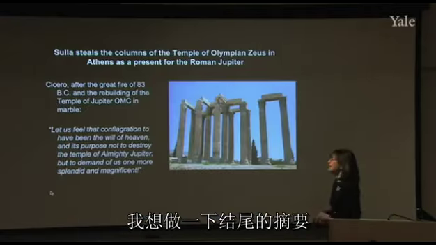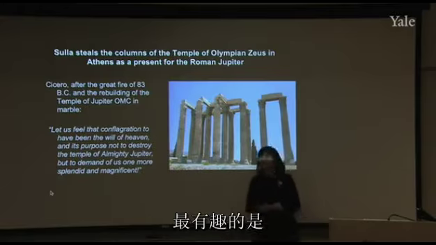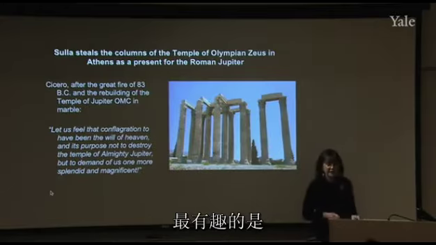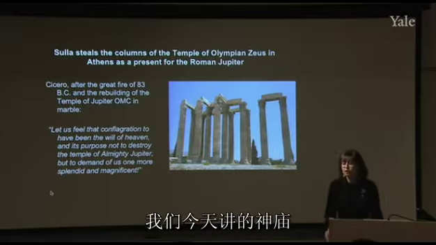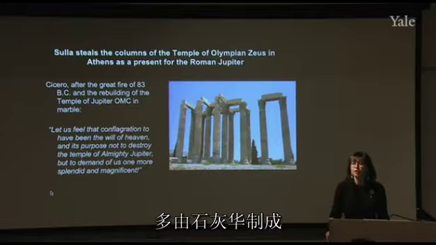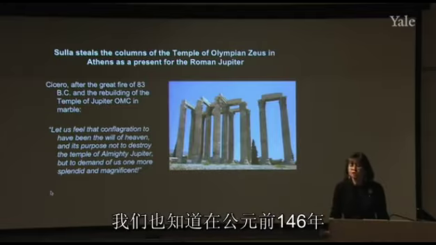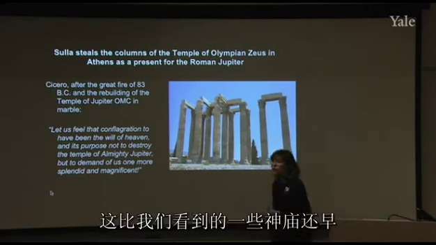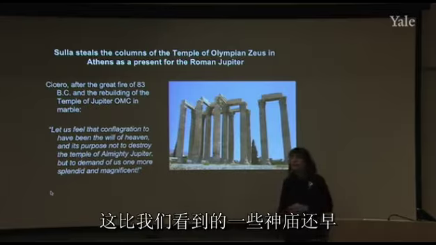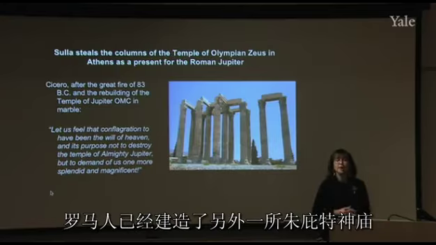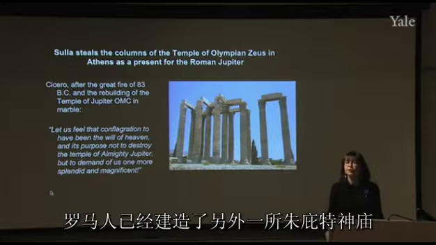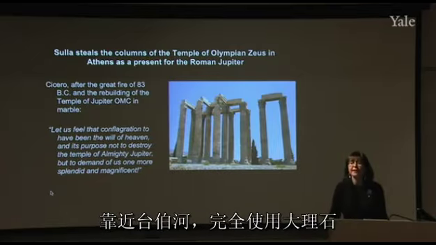I want to just end with a couple of remarks. One is that one of the interesting things is that although the temples that we talked about today were in part made out of stone, in all cases travertine, we do know that already in the year 146 BC, so earlier than a couple of the temples we looked at just now, the Romans had already put up another temple to Jupiter near the Tiber River that was made entirely of marble.